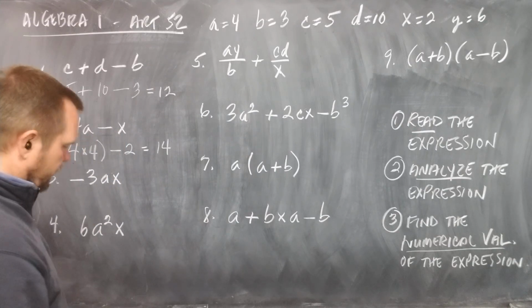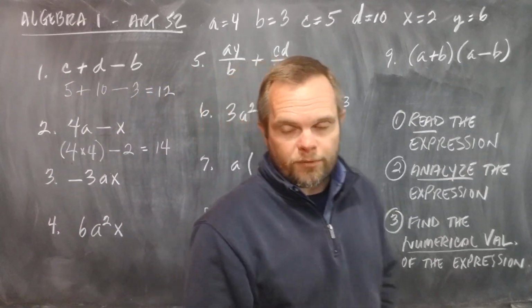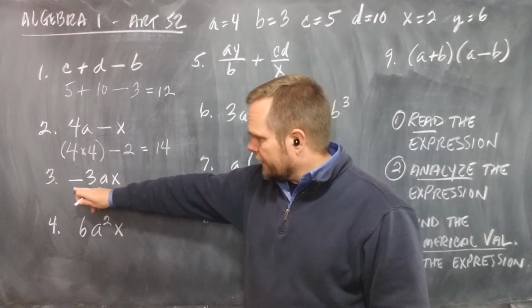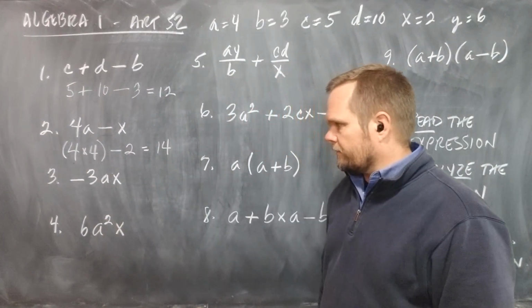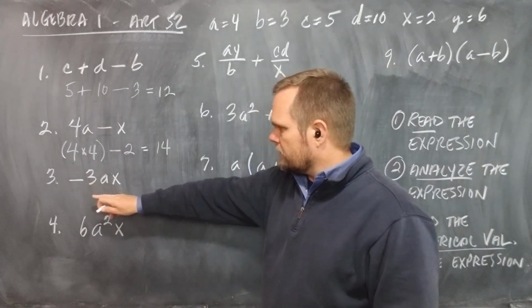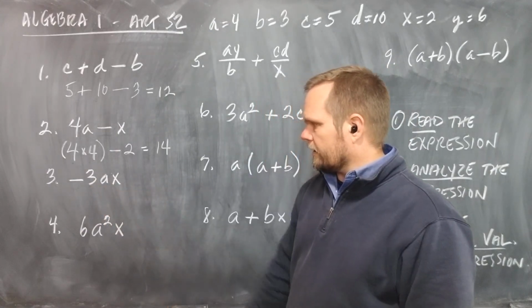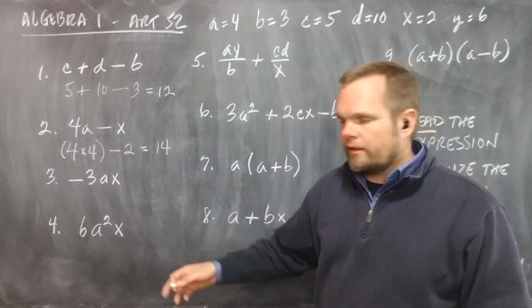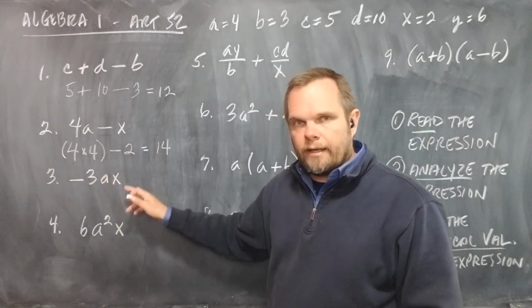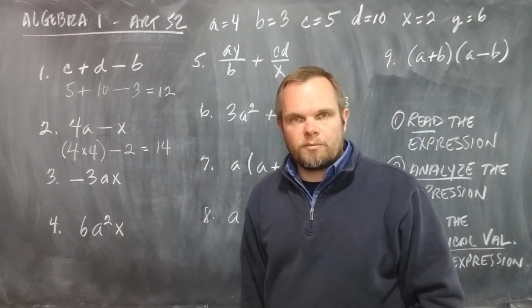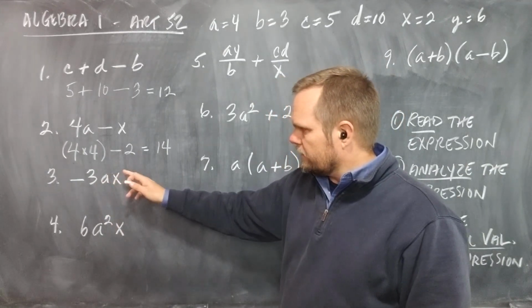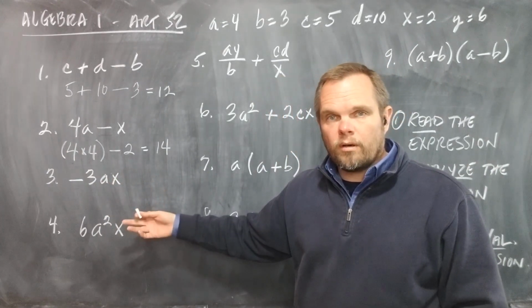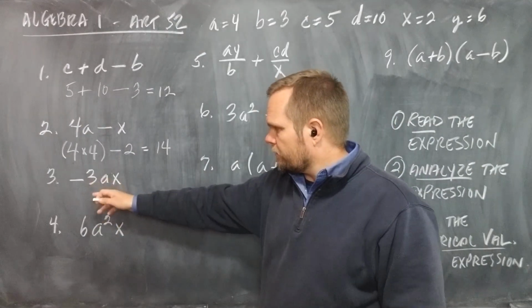In our third expression, in number 3, we have negative 3 times a times x. We could also say negative 3ax, and that means multiplication.